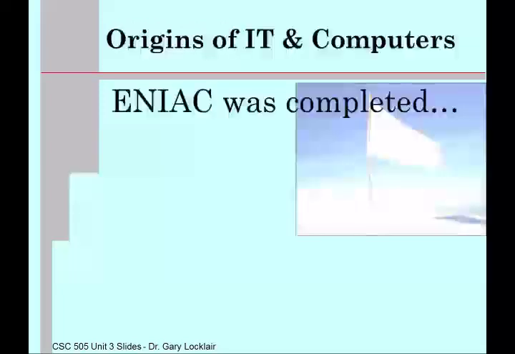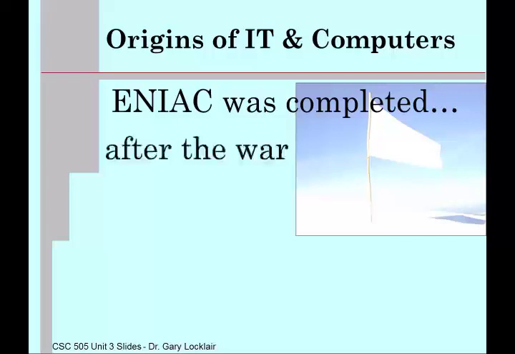Okay, sorry. Now, here's the interesting thing to note about the ENIAC story. The ENIAC, the computer, was actually completed after the war. When you stop and think about it, if you create a tool and the problem goes away, then your tool's no good. I mean, you just throw the tool away. Why? I don't need it anymore.